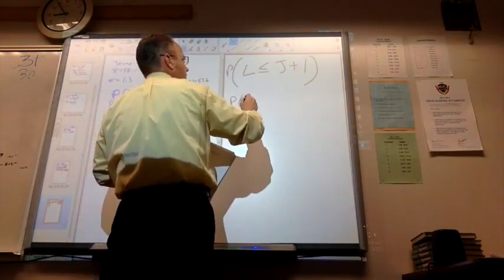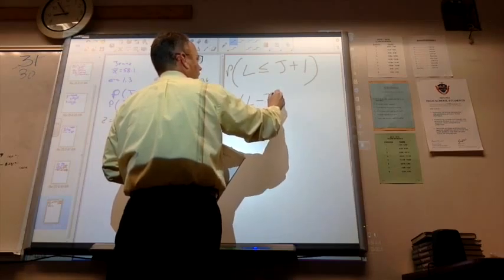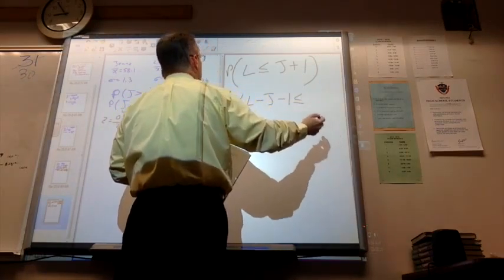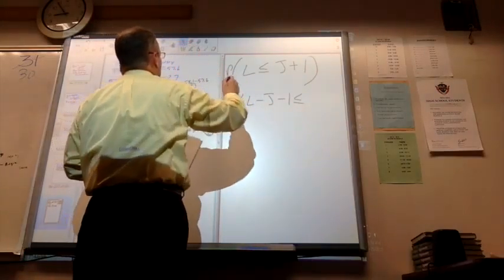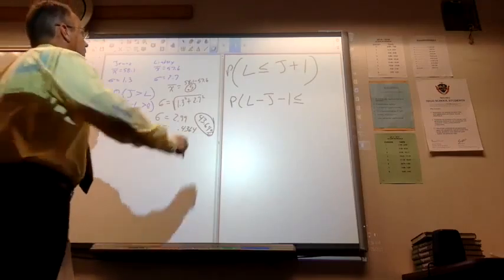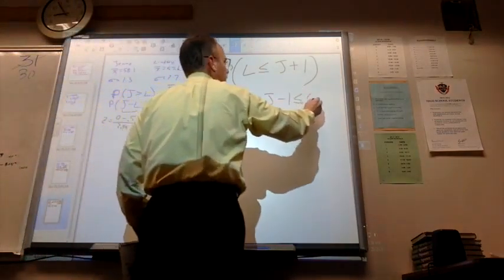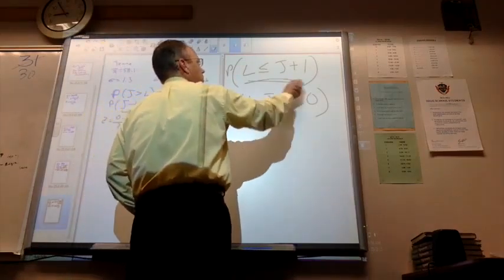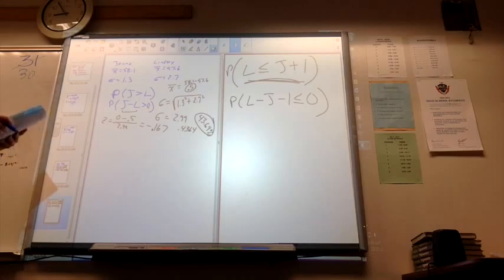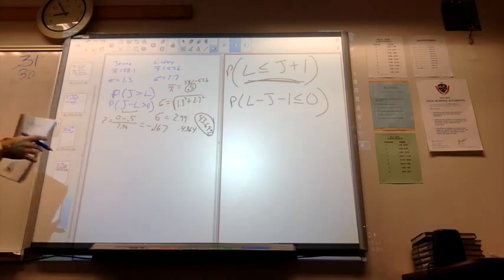So this is actually going to be the same thing as L minus J minus 1 is less than or equal to 0. So I just use arithmetic to bring all that over. Okay? Things that I already know is I have L minus J already, minus 1.